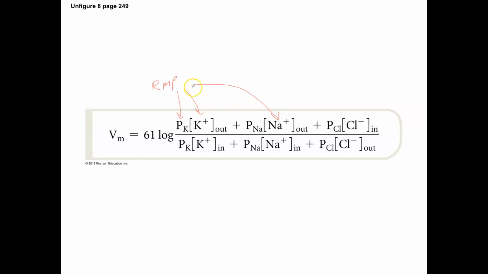Here we have potassium, sodium, and chlorine, and then we can come up with the voltage of the membrane, or essentially the resting membrane potential. So it's a much more complex equation, but it's more powerful because it allows you to actually calculate resting membrane potentials.